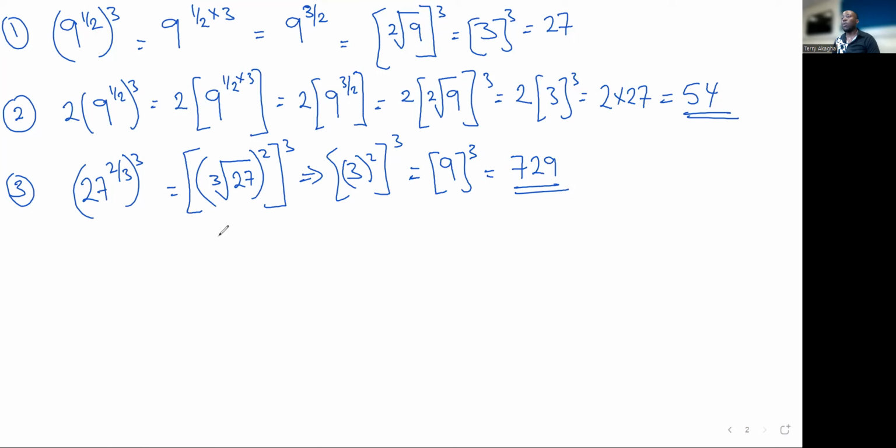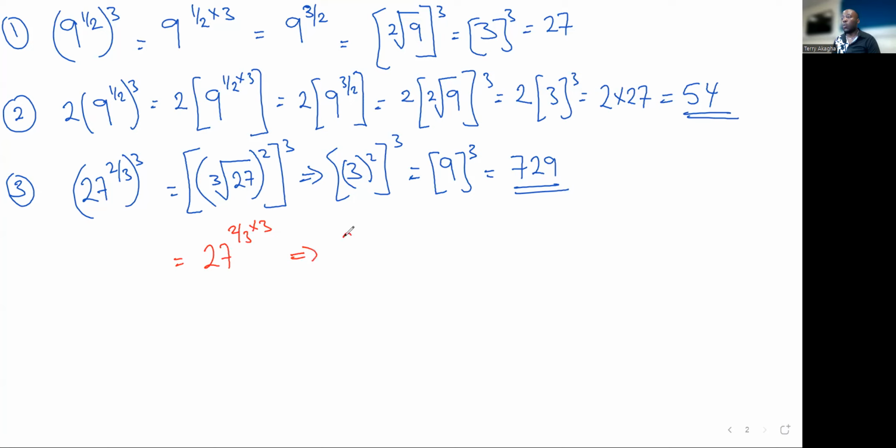So you solve it like this, or you can decide to do it this way. Let me put it this way. You can have 27 to the power 2/3 times 3. Are you seeing it?